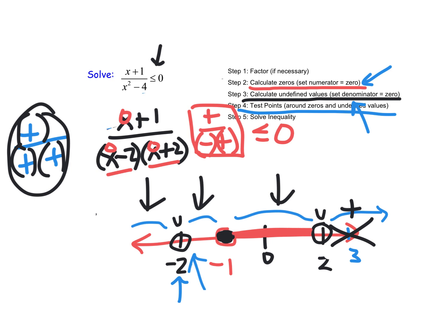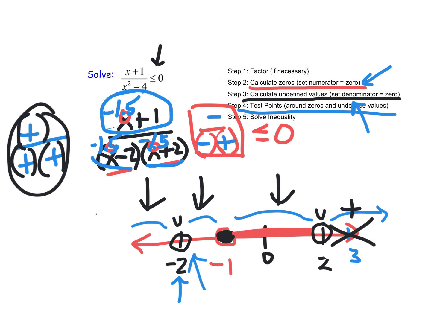How about -1.5? When you put in -1.5, and we're testing that interval, all we care about again is, does it come out positive or negative? The top comes out negative, and the bottom, we've got a negative times a positive.